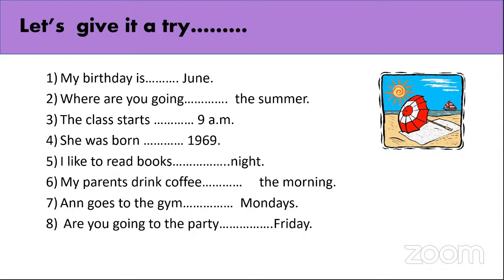Once again, you put numbers 1 to 8. It is easy for you. No need to write the whole sentence. In, on, at. The prepositions of time.